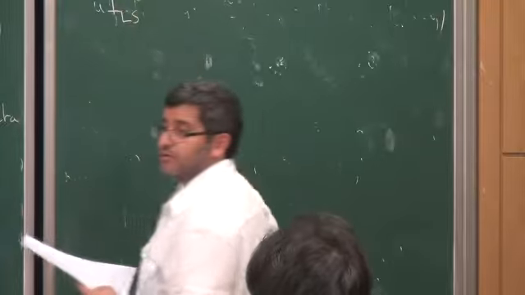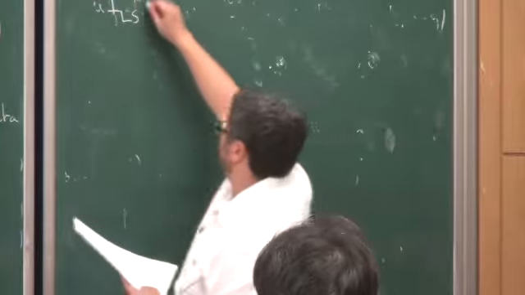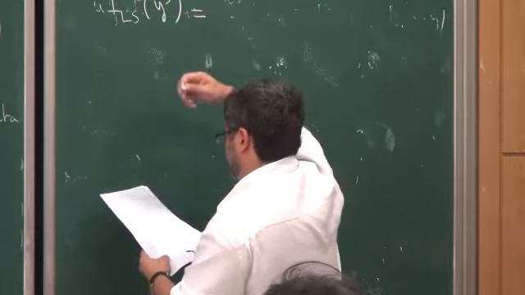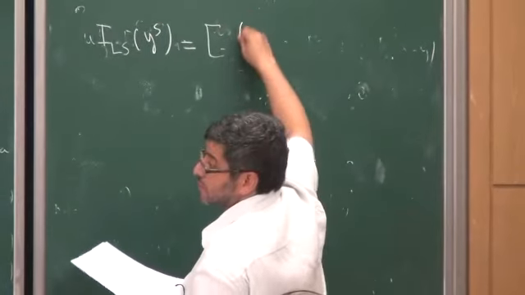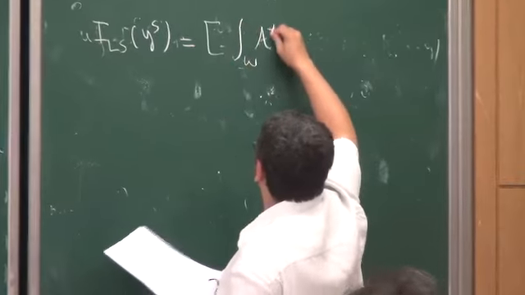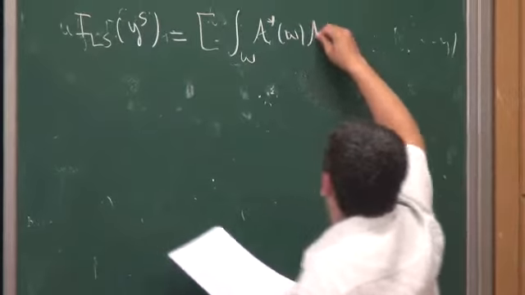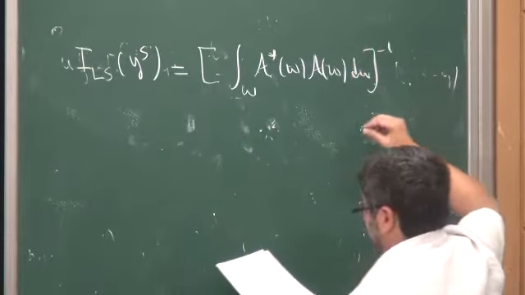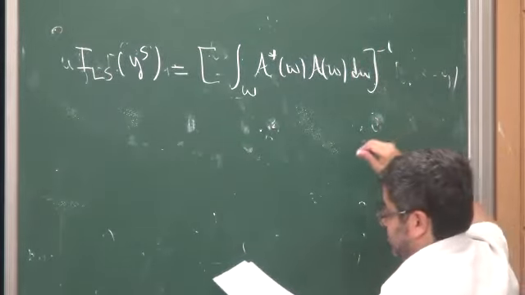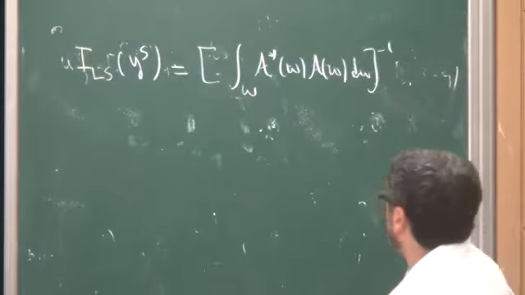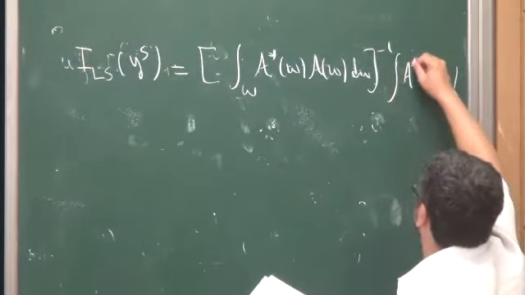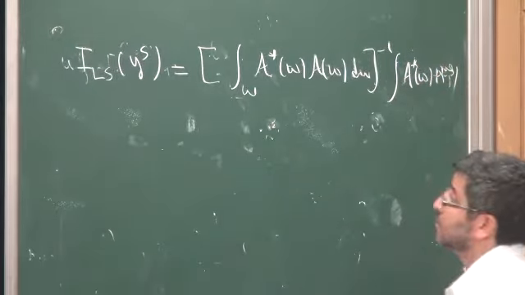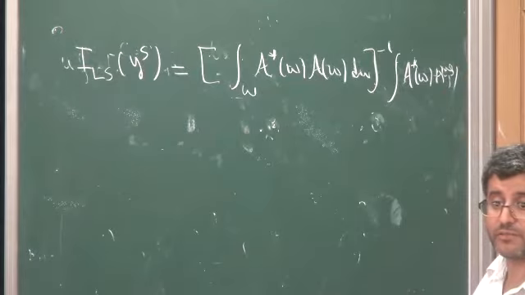A_LS, A always for imaging function, of Y search is equal to this complicated thing, sum of omega A star omega A star d omega minus 1 on the integral of A star omega A measurement. This is the imaging function.